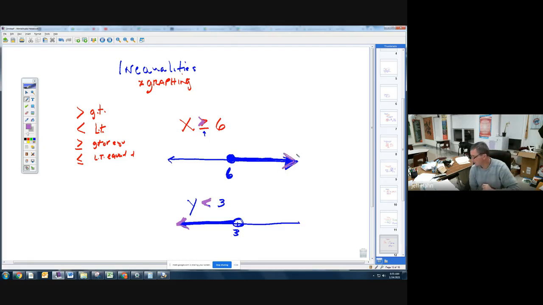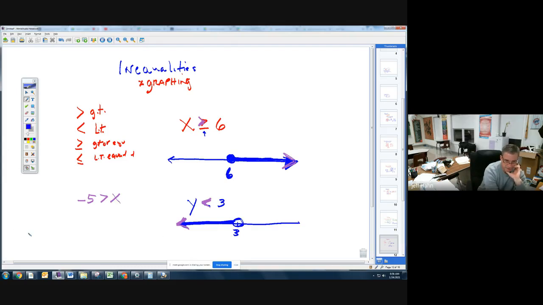Now, one thing I would like to point out to you is sometimes the book will give it to you kind of backwards. Like they'll say something like -5 is greater than x. This is not, in my world, a good thing.